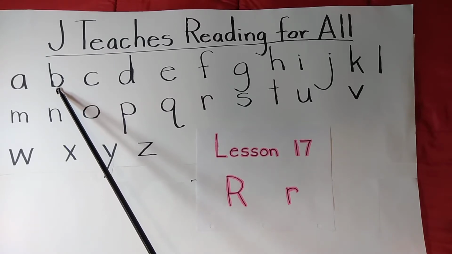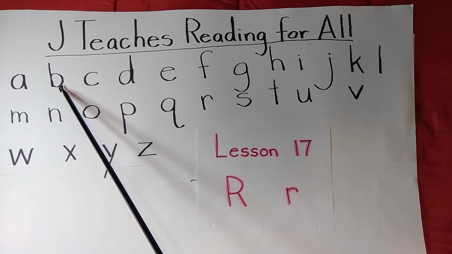I said boy for that one, and as I reviewed the lesson, I found out, well, I already knew that I had made some mistakes. I forgot to remind teachers to do the words in lesson 14.